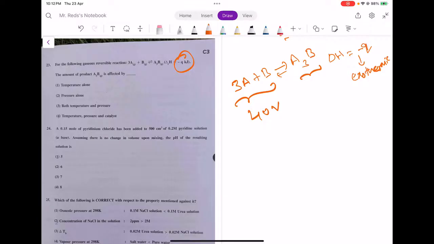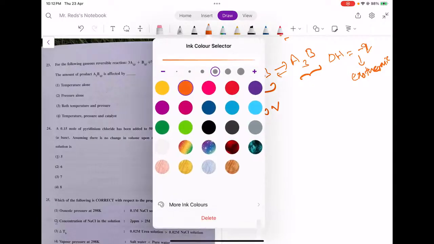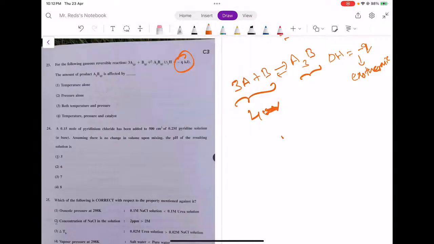The total volume of product is 1 volume. Here the volume reduces, and volume reducing means high pressure.